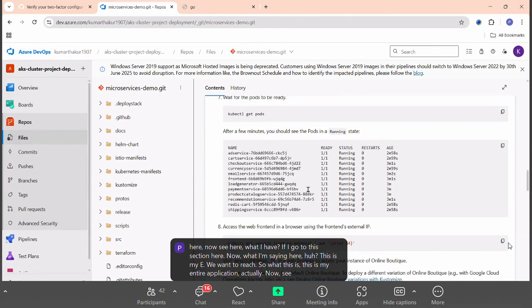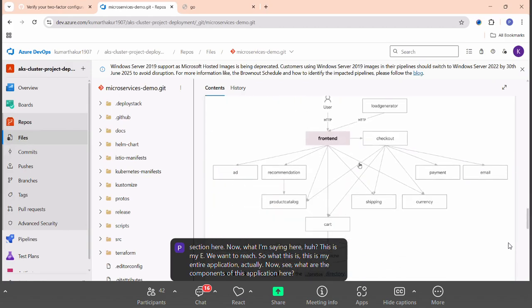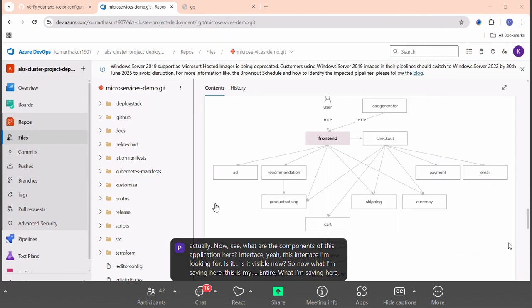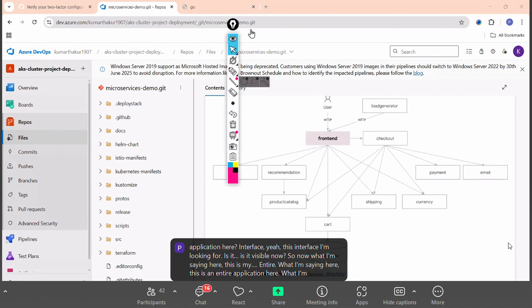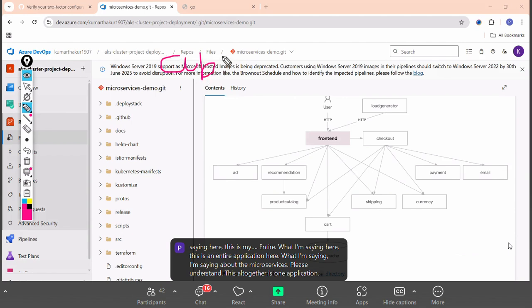Now see, what are the components of this application? Is this interface visible now? This is an entire application. What I'm saying about microservices, please understand, all of this together is one application.